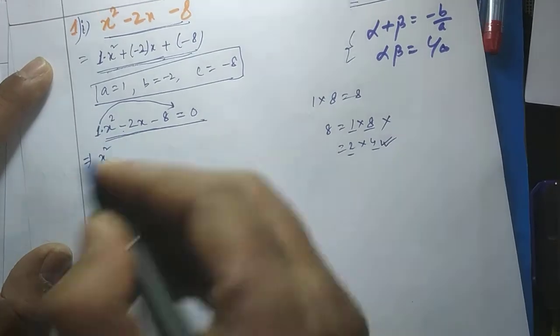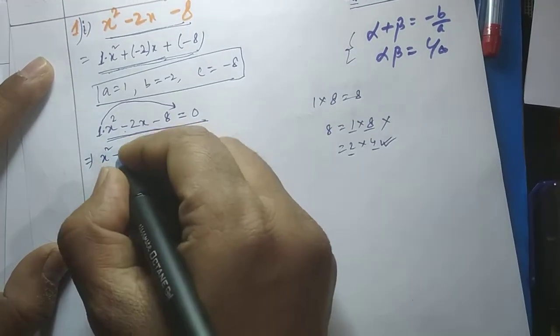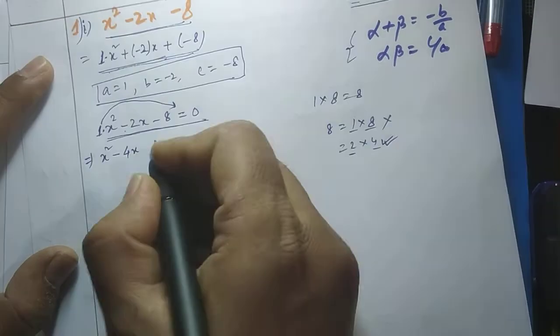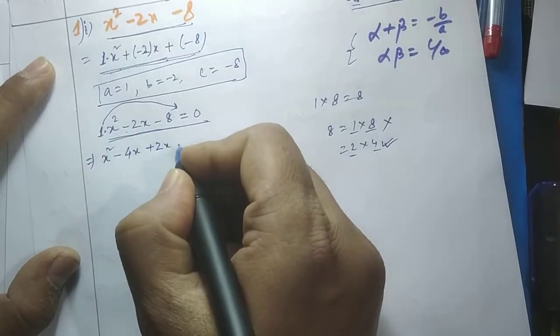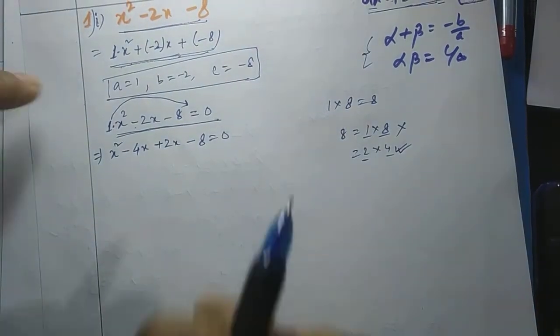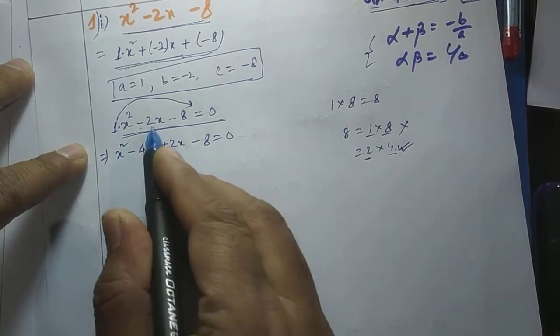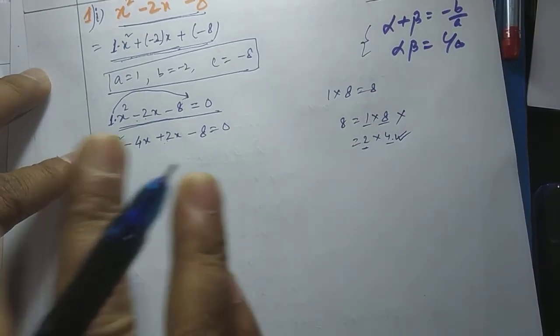Now write down x square as it is. This minus 2x can be written as minus 4x plus 2x minus 8 equal to 0 as it is. Understood? Though we have used this 2 and 4 here to bring the minus 2. So my job is done.